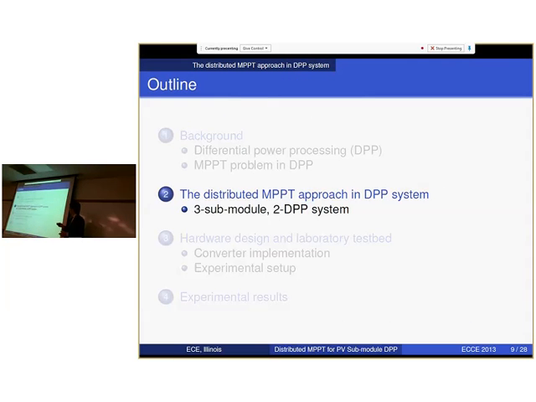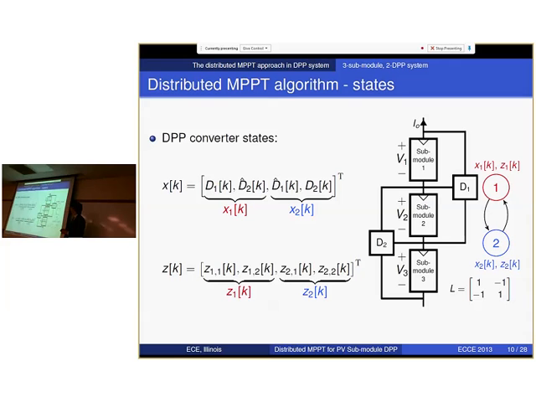So I'm going to explain the control algorithm with the simplest 3 submodule 2 DPP system. So here is how this system looks. In this case, we have 3 submodules and 2 DPP converters. And let's define the state vector of this entire system to be xk. And we actually partition this xk into 2 different parts.